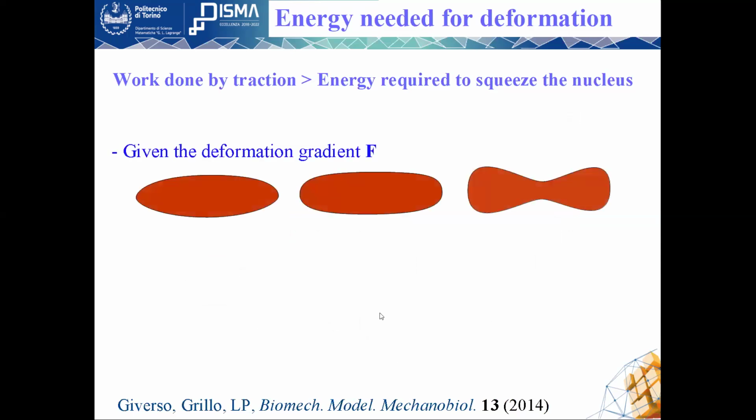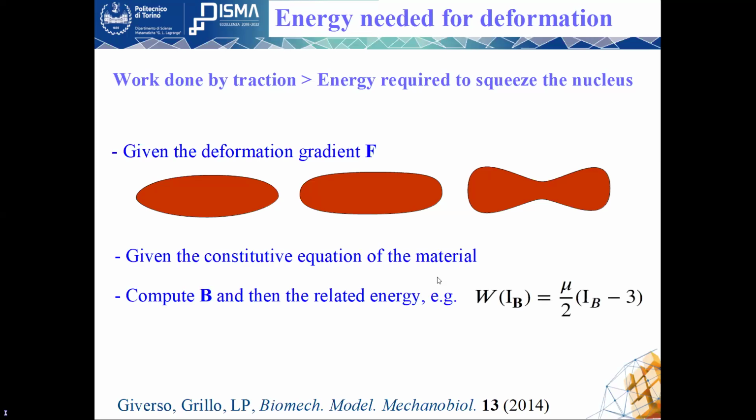For the work done to squeeze the nucleus, this also is in some sense not too difficult, because in principle, if someone gives you the deformation of the nucleus, say from a sphere to an ellipsoid, or to a cigar shape, or to a dumbbell, then you can compute the energy.